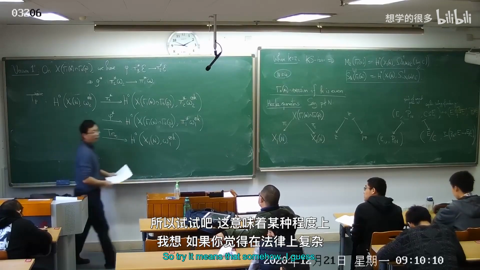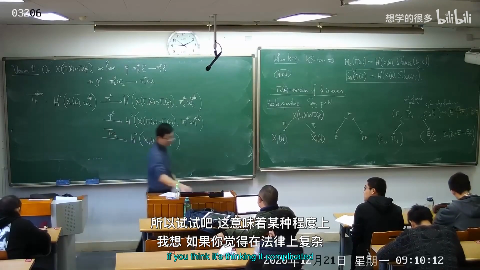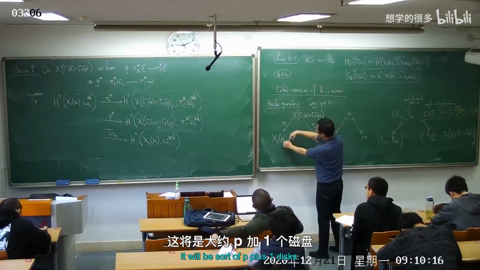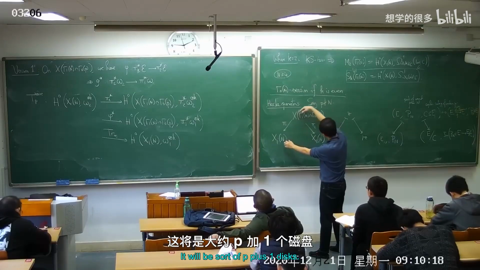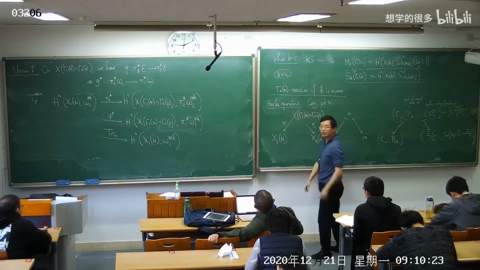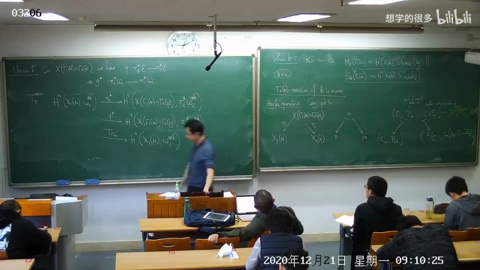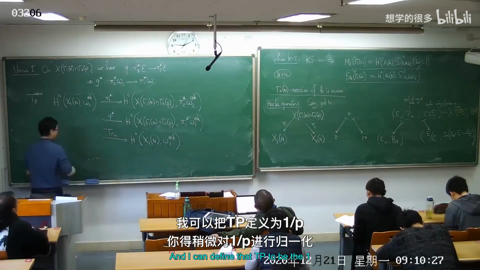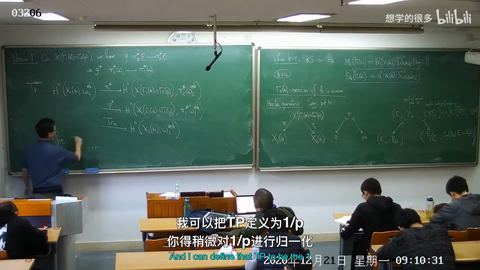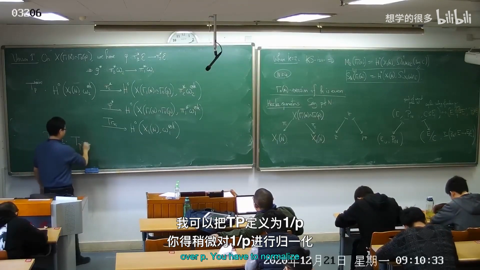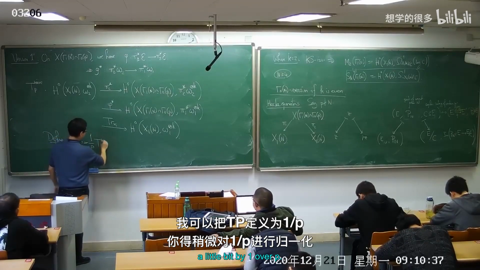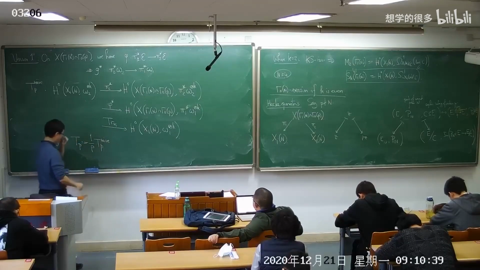So trace means that, if you think of it complex analytically, you can take a local disk here. Upstairs, it will be p plus 1 disks. You just sum up the sections there. And I can define T_p to be 1 over p of this map. You have to normalize a little bit by 1 over p.